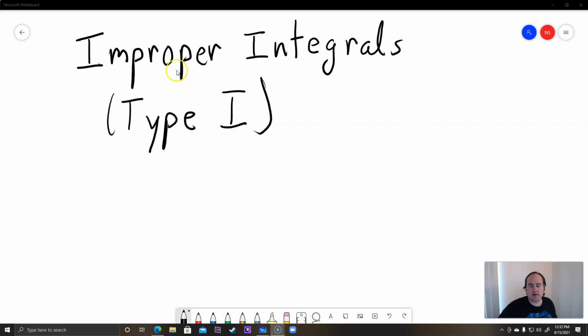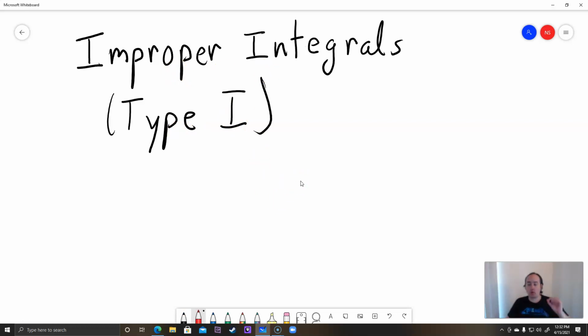Type 1 improper integrals are integrals where one or both limits of integration are either infinity or negative infinity.